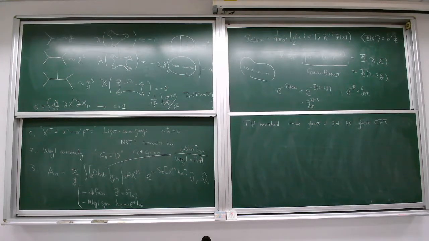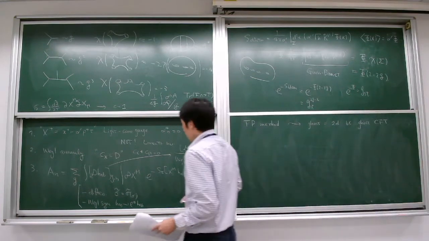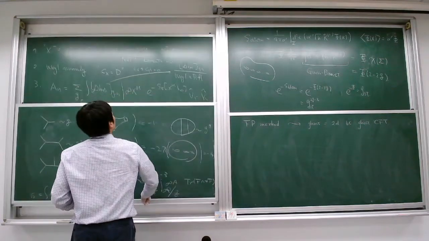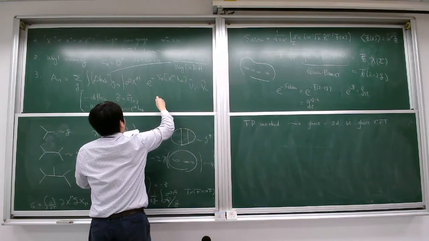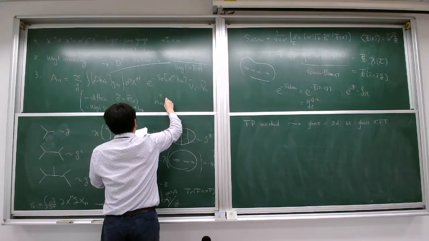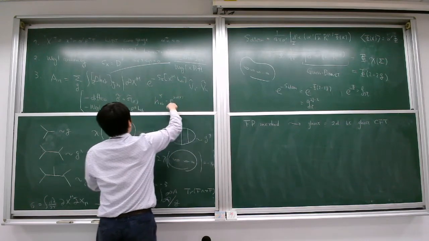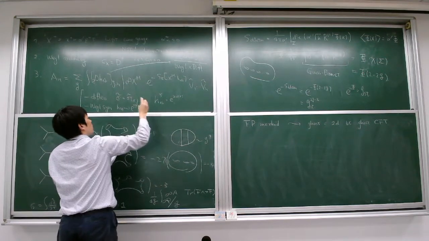Okay, so let's do it step by step. By using this, the metric can be written as e to the 2 omega times h. So this is Weyl symmetry. I think I should use omega instead of 2 omega.